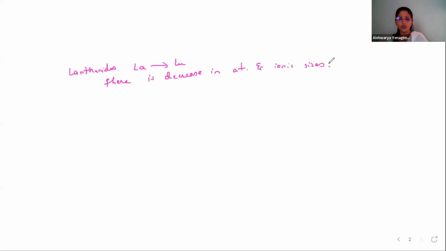Now the question is why there is a decrease in the atomic or ionic sizes. So here we talk about a term which is a very unique feature. That unique feature is nothing but lanthanide contraction. So what is this lanthanide contraction?